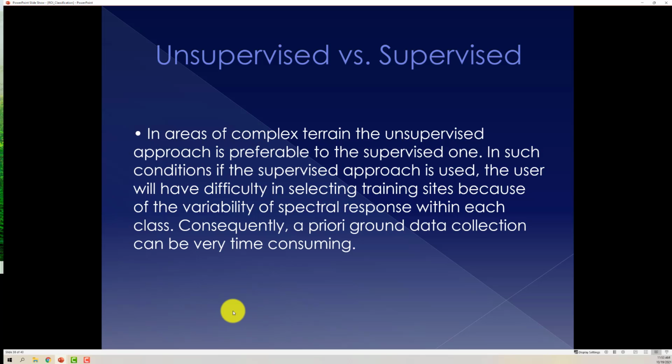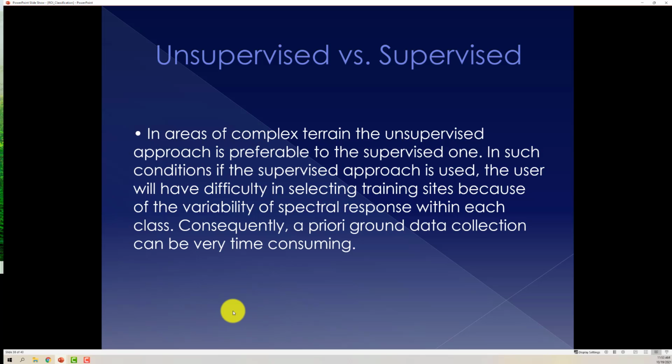So the user may have difficulty in selecting training sites because of the variability of spectral response within each class. If you get a very strong salt and pepper effect in an image, you can appreciate that in terms of digital numbers. You can appreciate that drawing regions of interest around an area like that would be very complicated, and you're going to have a huge statistical uncertainty in areas that have small patches.